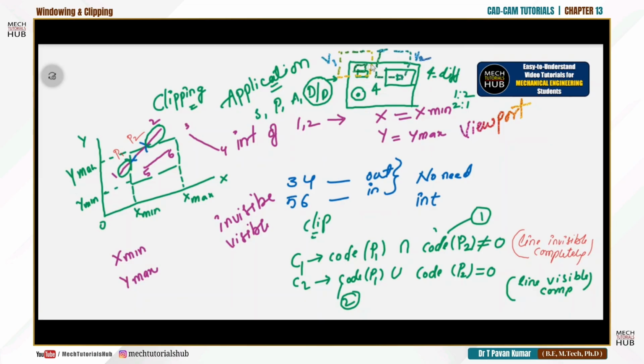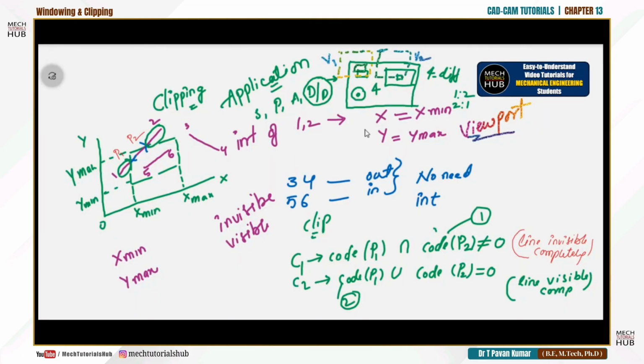So here you can maintain an isometric view, here you can maintain the projections with different scalings, different colors, different dimensioning, different tolerances, or detailed drawings, and enlarged views can be shown. Every piece of information can be shown with the help of this viewport, without which you can't show too many sketches, views, sizes and shapes on a single draft sheet.